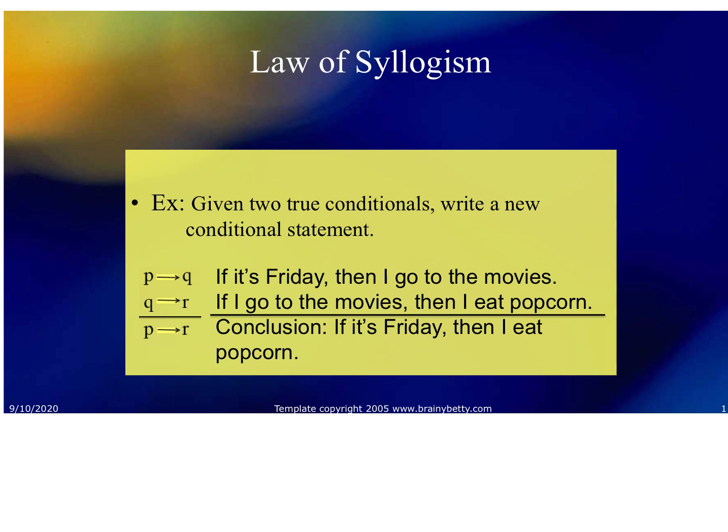So remember, what I'm looking for is a match. I'm looking at the conclusion of the first conditional. If it's Friday, then I go to the movies. Notice it's a match with the hypothesis of my second conditional. If I go to the movies, then I eat popcorn.